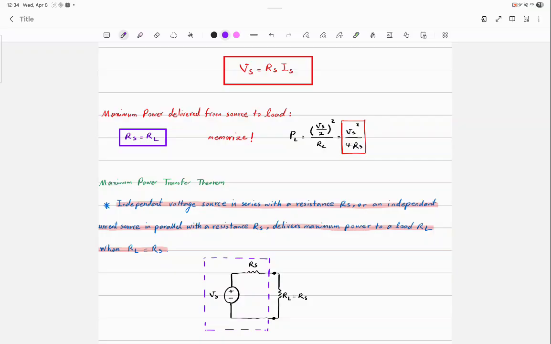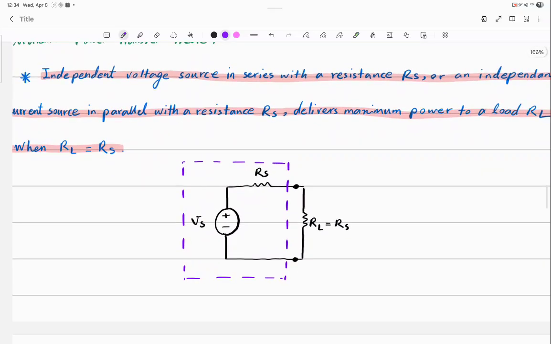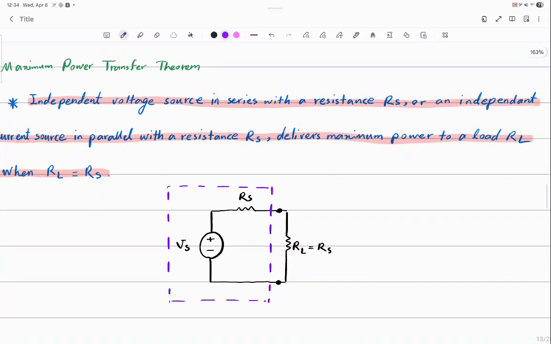Before continuing, instead of doing source transformation, there is one more way that you can change any complicated circuit to this. You're not supposed to know that, but somehow you do. Am I making sense to you or no?